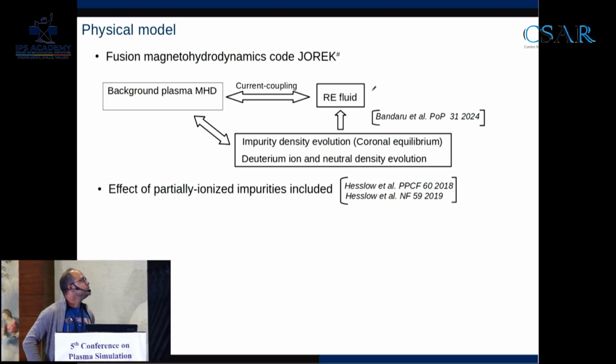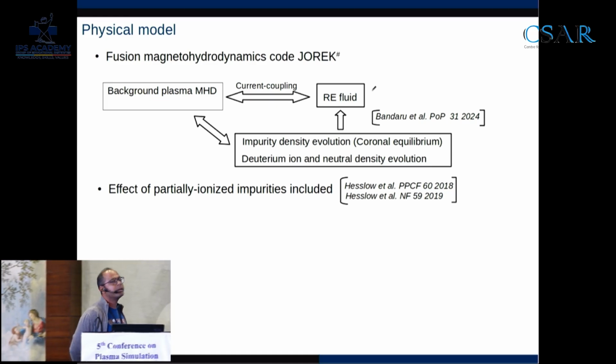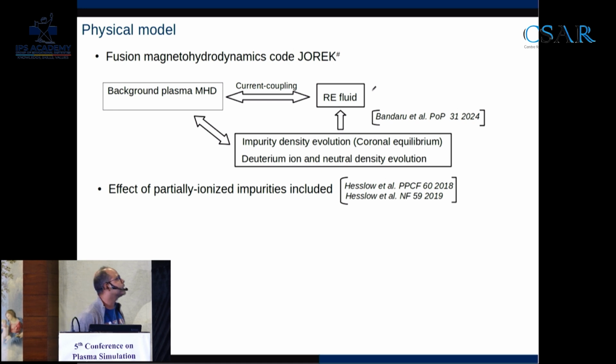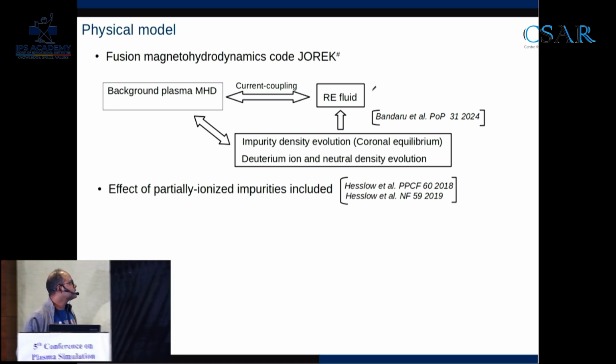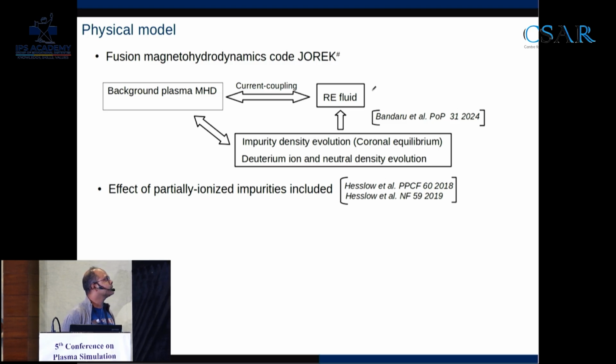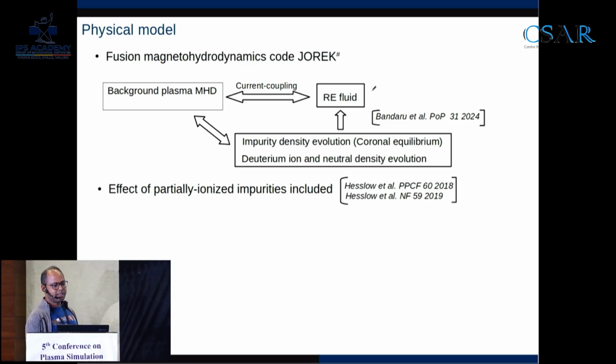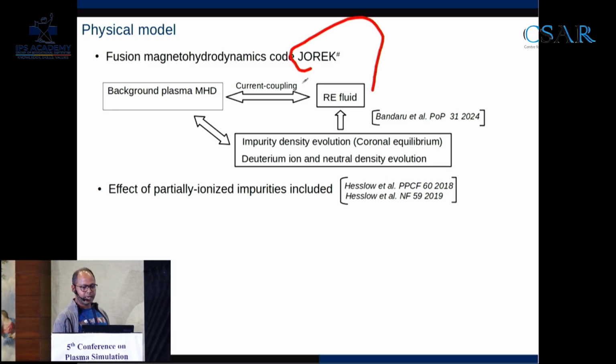So for that, the physical model that is used is on the basis of the fusion MHD code called JOREK. In this, the runaway electrons are treated as a separate species, a fluid species that interacts with the background plasma MHD electromagnetically.